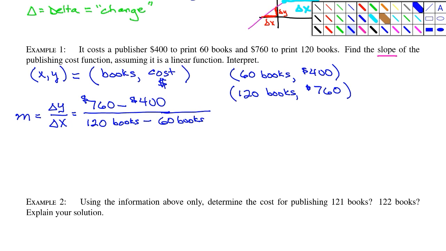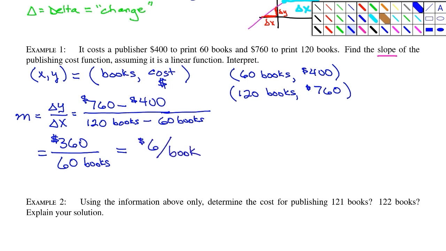And notice that I used y1 and y2 and x1 and x2 in the same order whenever I did those calculations. So let's see what we get. 760 minus 400 is $360, divided by 120 books minus 60 books, which is 60 books. And you do the division, and you get $6 per book.